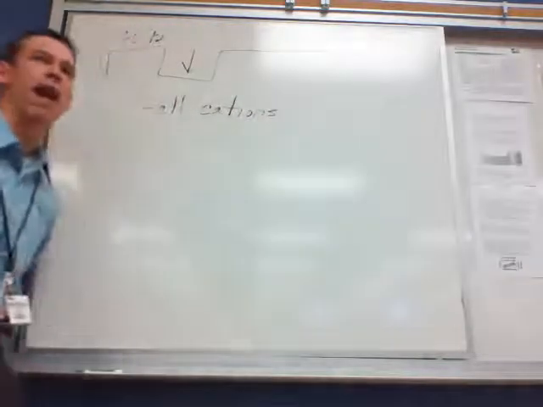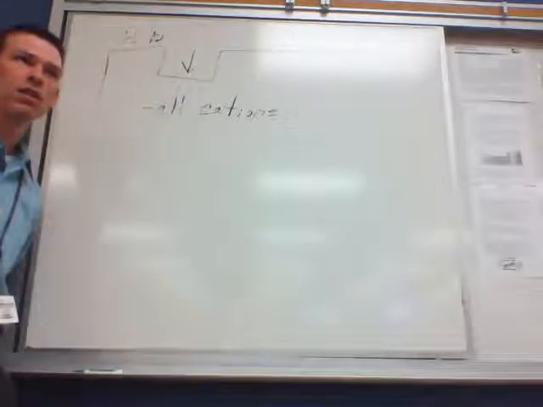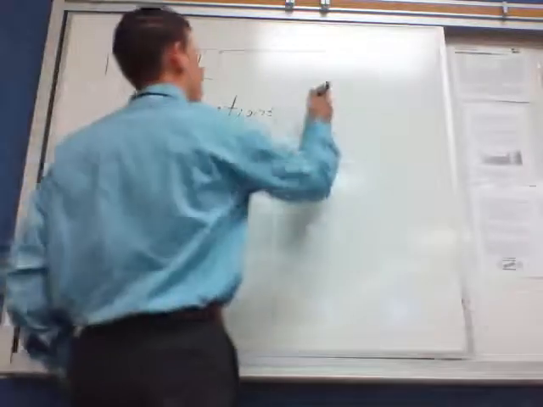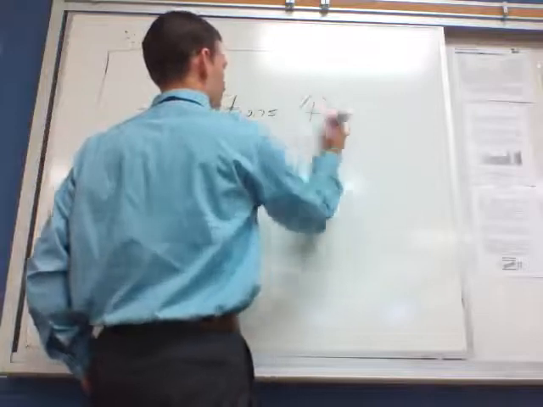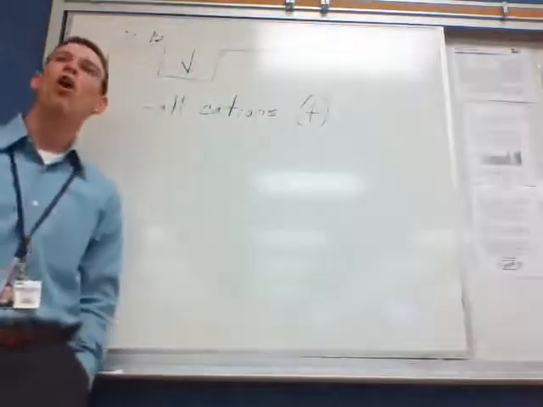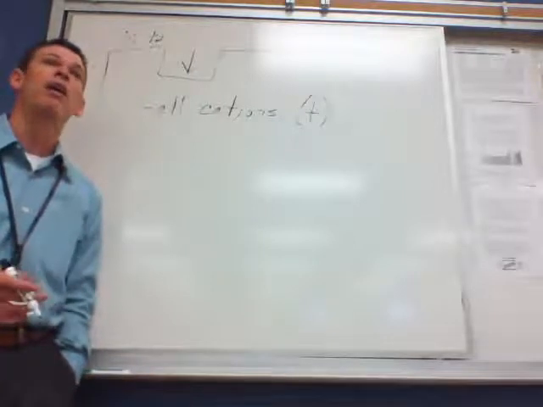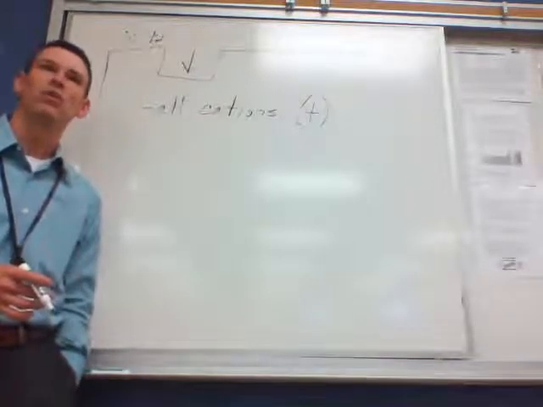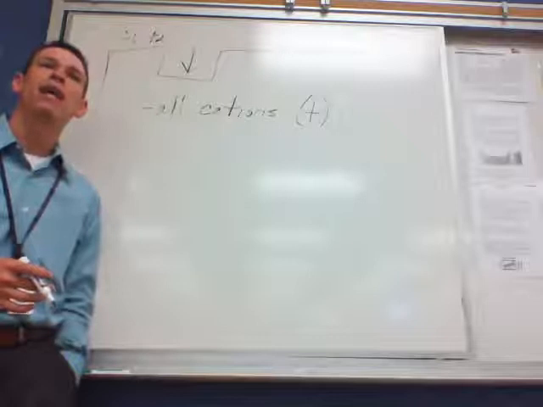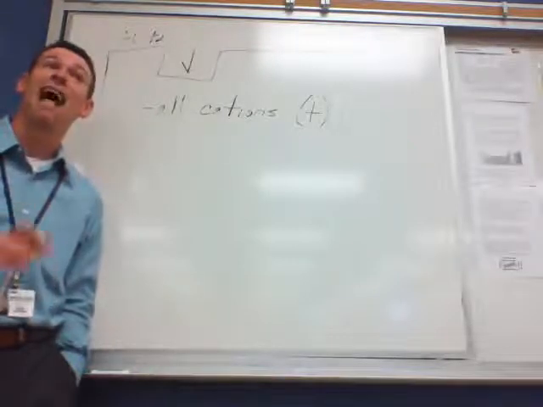What does that mean? They're all positive. They all want to lose electrons, which is what creates a cation, whenever an element decides to lose electrons. But every element in that section is a cation.